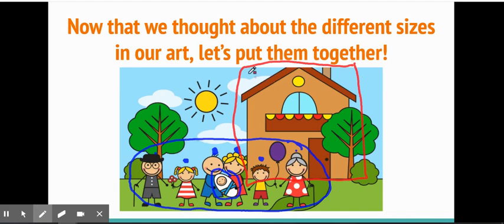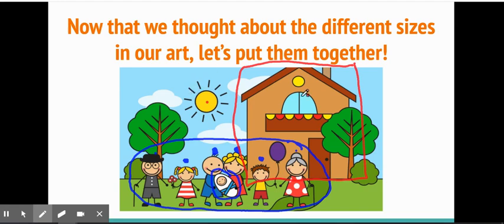That was a little bit of a tricky question, because some people say that the sun was the biggest thing in the picture. But because our house is close to us and close to the family, it becomes the biggest thing. The sun, even though it's super, super big, is really far away.